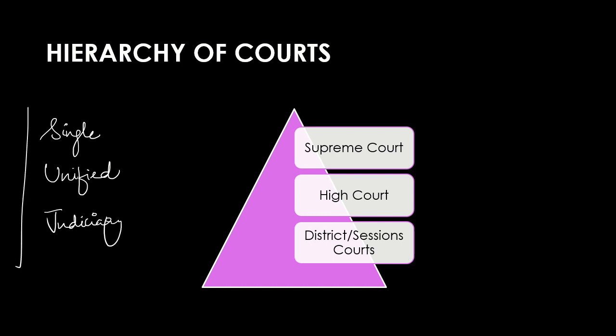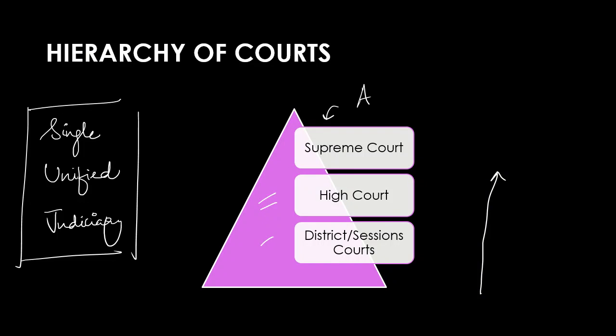Okay, that's why I have shown all of these three on one diagram, because there is a single unified judiciary. However, as you can see, there is a certain hierarchy. At the top, we have the Supreme Court, which is why sometimes the Supreme Court is also called the apex court. You know what the meaning of apex is? The meaning of apex is the highest point, right? So, in fact, when you have a mountain, you call this the apex, right? The peak. Okay, so the apex court is the Supreme Court.